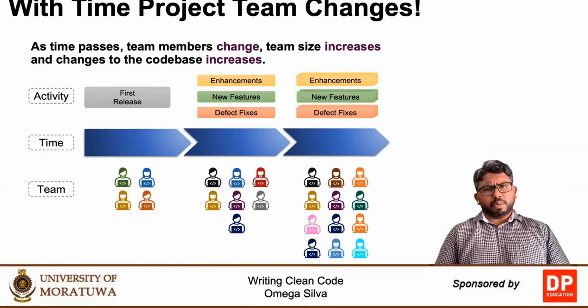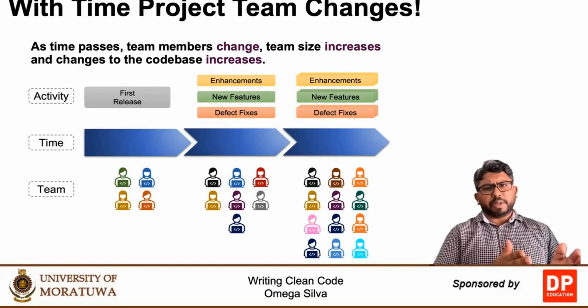Even if you don't increase your team size with new team members, your existing team members who understand the existing code base very well may decide to leave your team. And you don't have any other option than to fill those positions with new team members. Now, this creates an interesting dynamic.